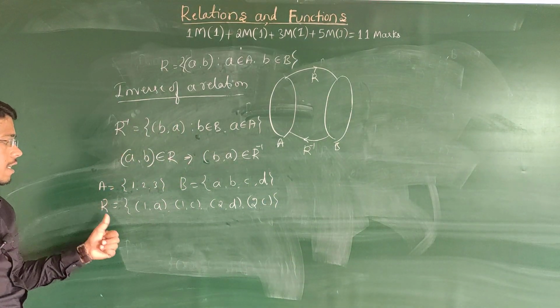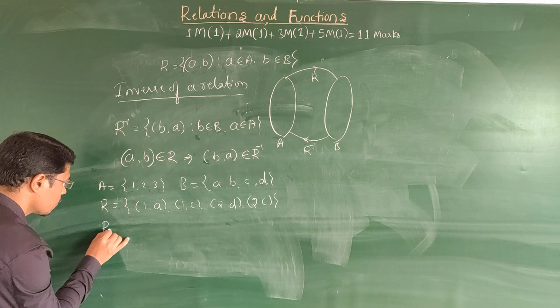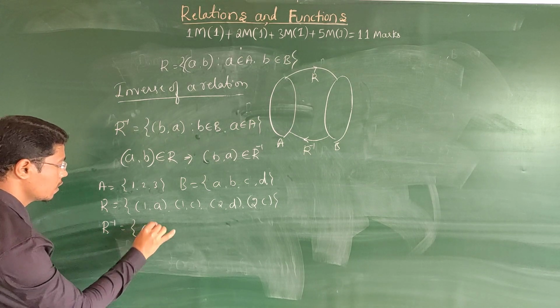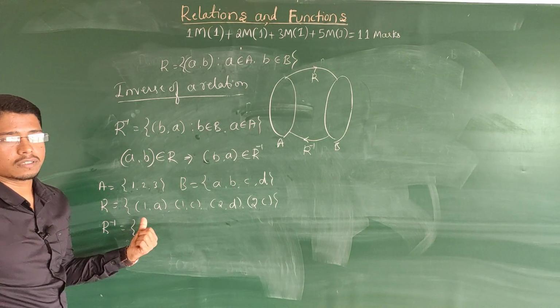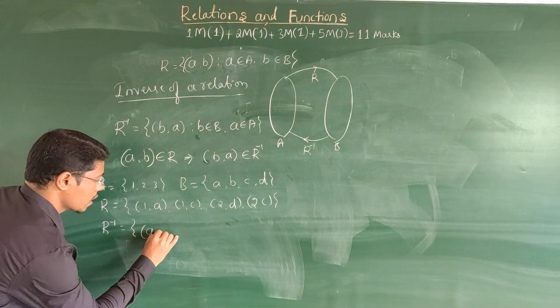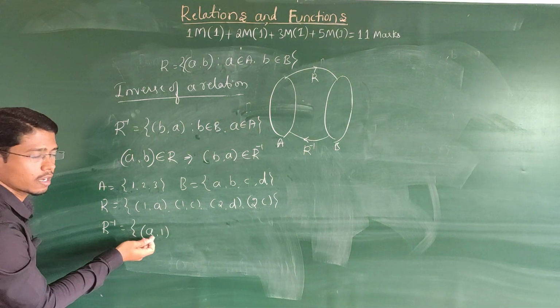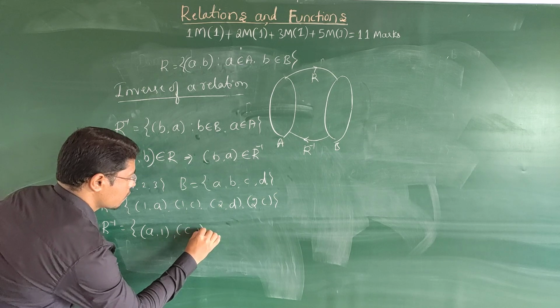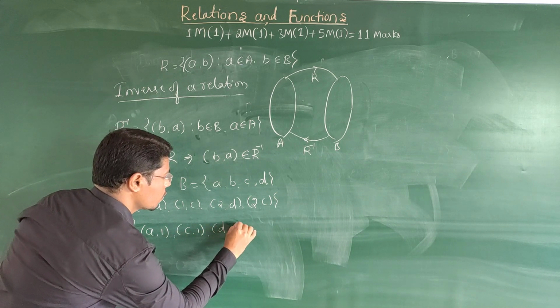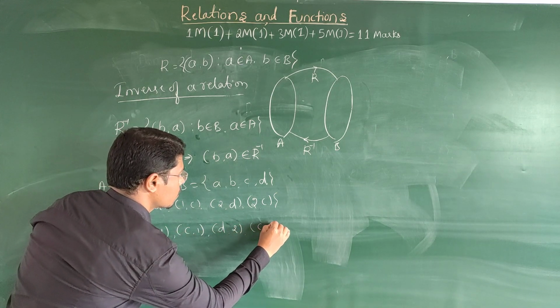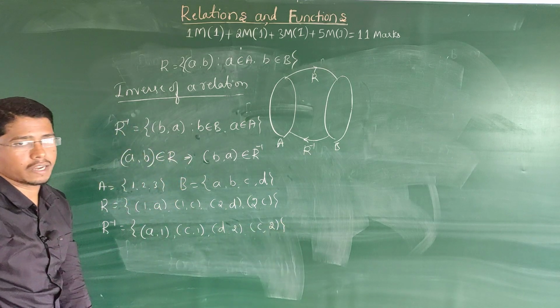Then its inverse R inverse is obtained by just reversing the order: (a, 1), (c, 1), (d, 2) and (c, 2). This is R inverse.